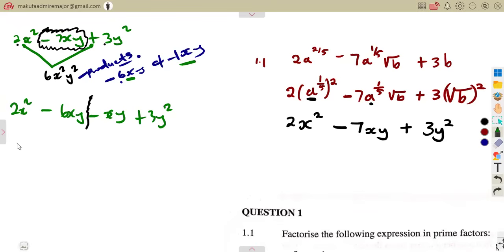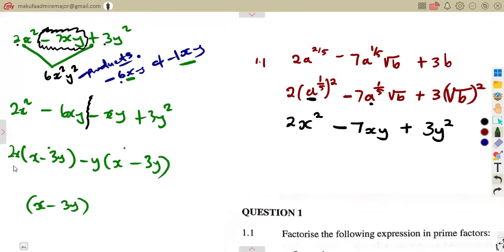Okay, so if you factor out 2x, which is common, that is going to be x minus 3y. Then minus y, which is common also, so this will be the same: positive x minus, and minus times minus gives a negative, 3y. So this bracket and this bracket are the same, so I'm going to factor out that bracket, and take this one into a bracket with minus y.